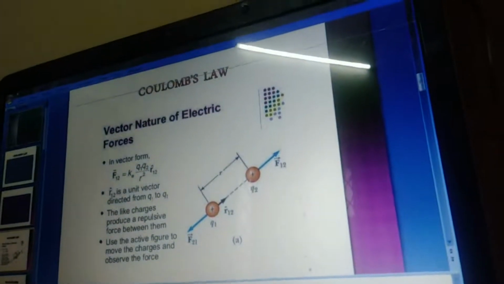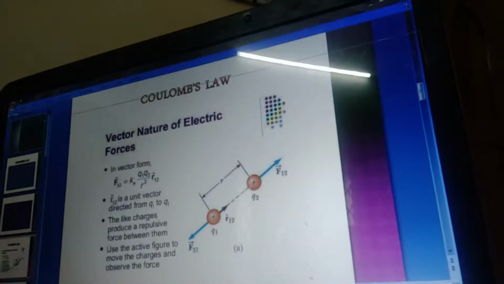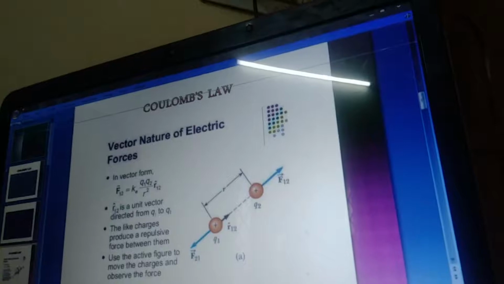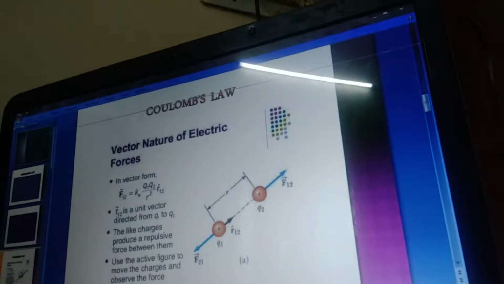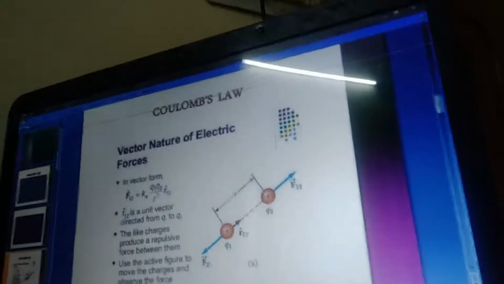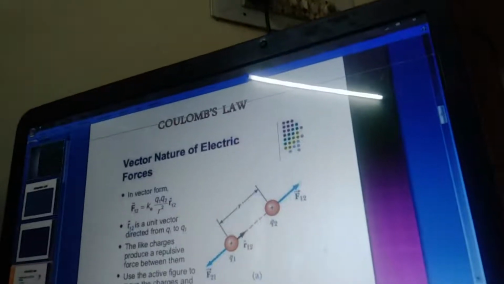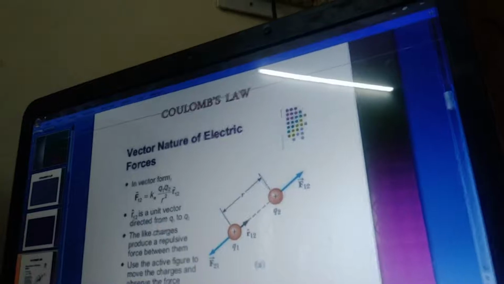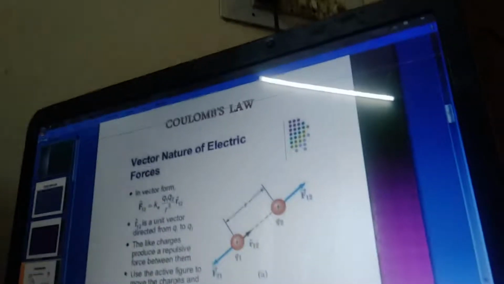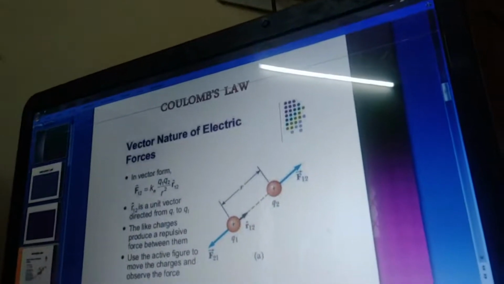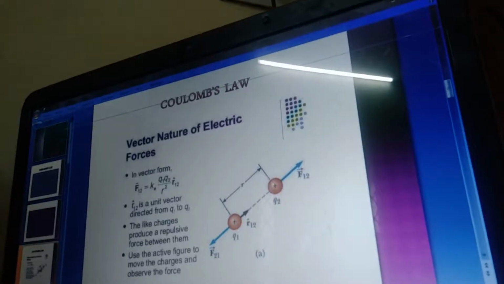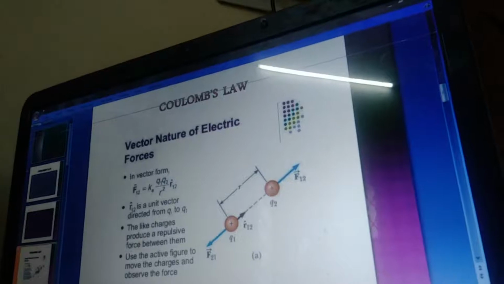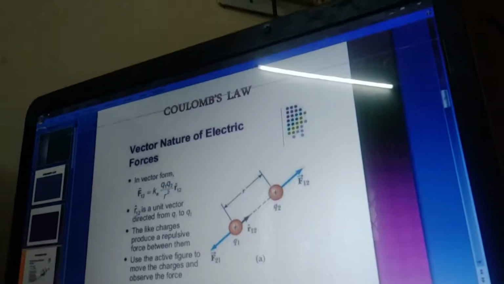F12 is equal to K into q1 q2 divided by r square multiplied by unit vector r12. What is a unit vector? It's a vector having magnitude 1 and acting in a particular direction. And what is the direction here? It is the line joining q1 and q2. r12 is the line joining q1 and q2.